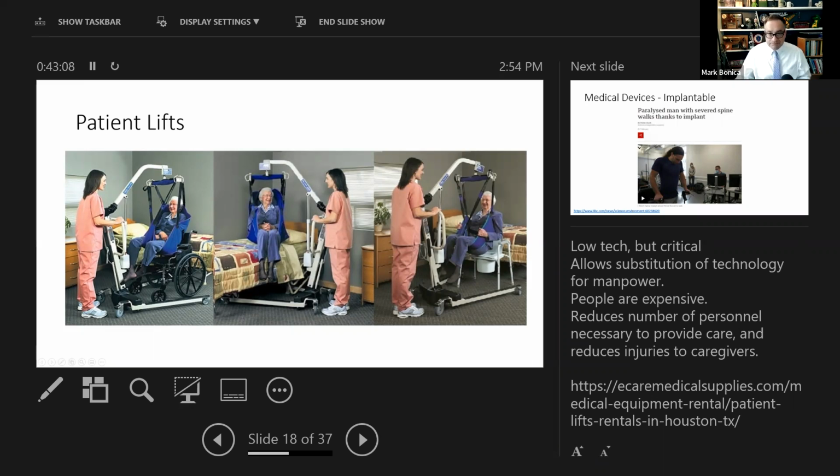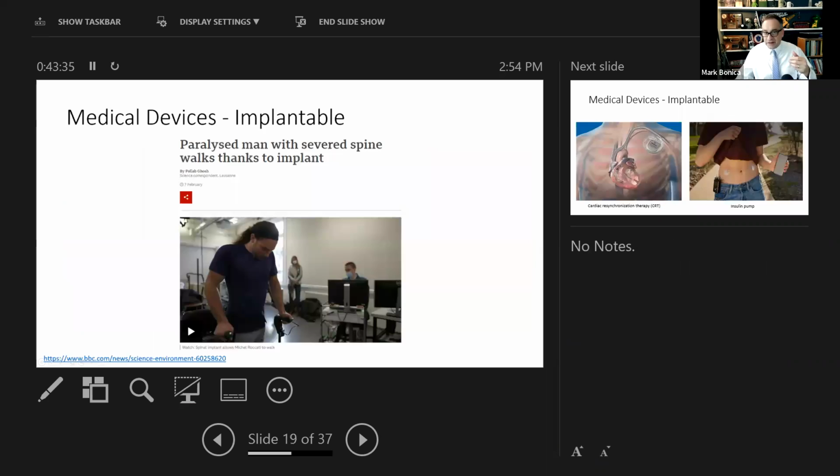And also, a lot of nurses get injured on the job lifting people, and so it reduces injuries to staff. So it's an important function, right? It's safer both for the patients and the staff. It can reduce the amount of staff necessary. So these are examples of technologies that we use as complements or substitutes, right? So both, in this case.